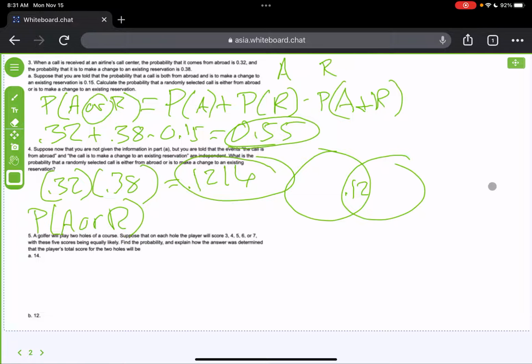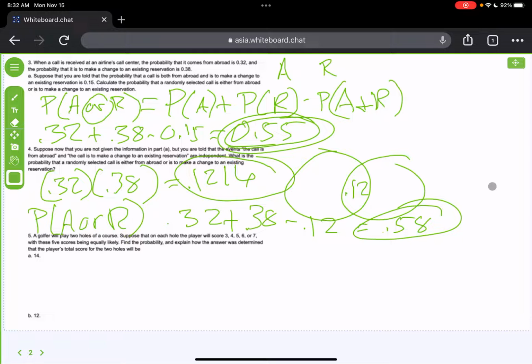So we would just say 0.32 plus 0.38 minus 0.12. Let me just do it. That should be 0.58. And if you look at those two, it's only 3 less, so it should be a 3% probability more. And there you go. There it is.